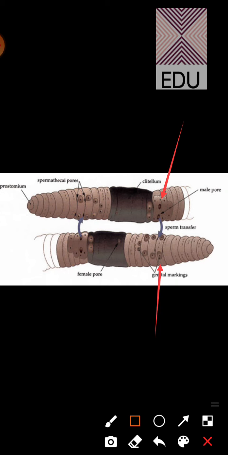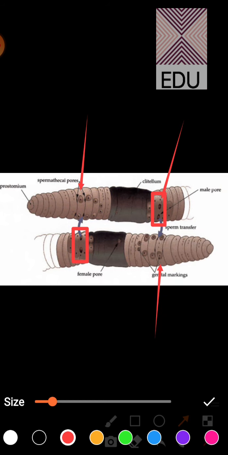Now, this is to be mentioned that the male reproductive pores are coming on top of the spermathecae of the second earthworm. Mutually, on the other side, these are the male genital pores of the second earthworm, and they are coming against the spermathecae of the first earthworm.